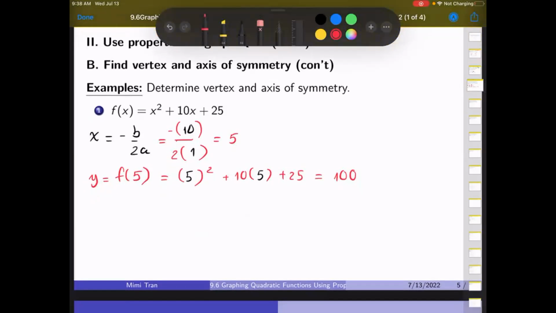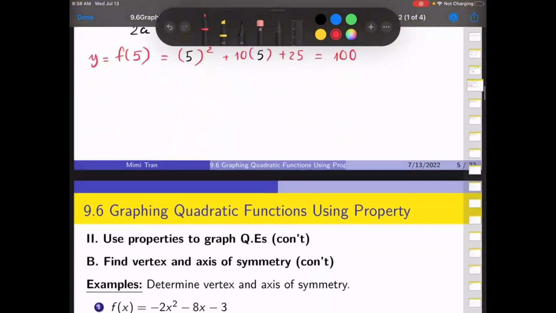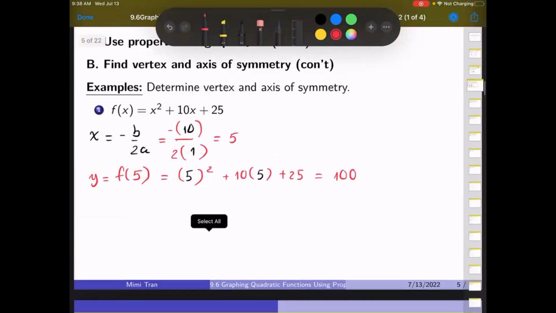We're not graphing, okay? I don't want to graph this; I don't have 100 on my x, y coordinate. So the vertex will be what? The vertex is -5, 100. Now the axis of symmetry.